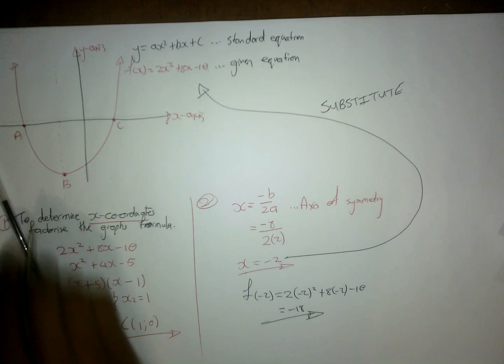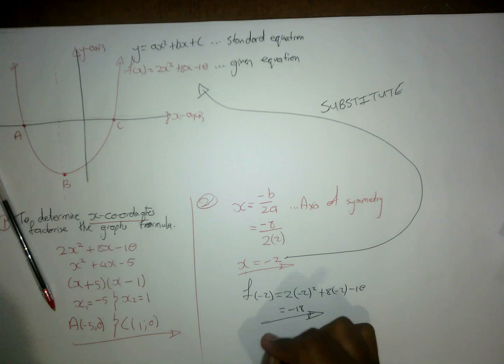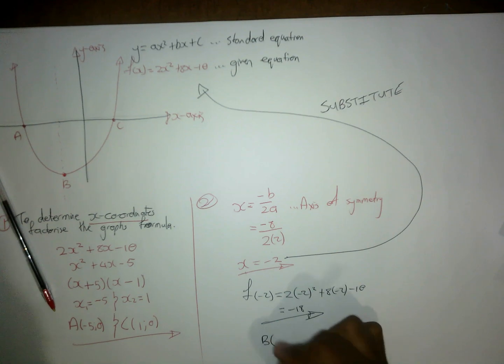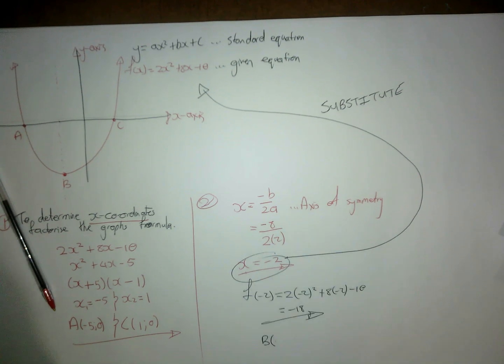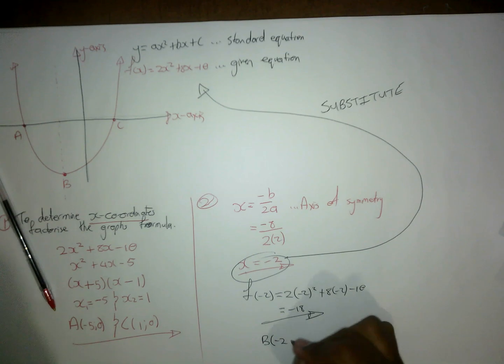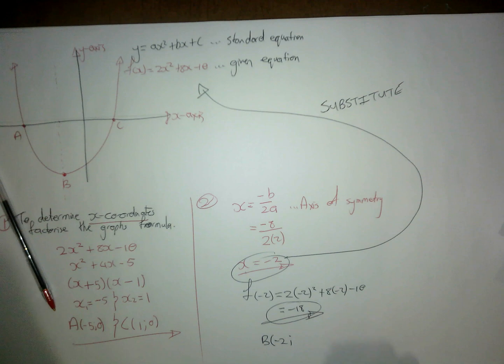So for our B coordinate, it's going to be this x value, which is minus 2, and this y value, which is negative 18.